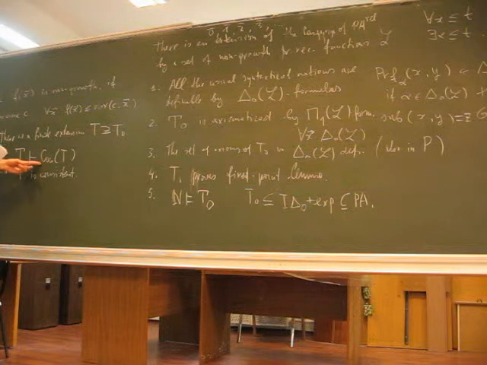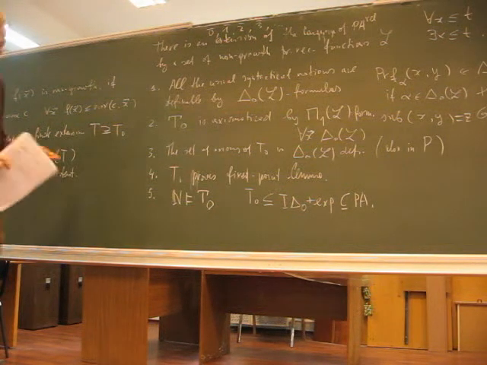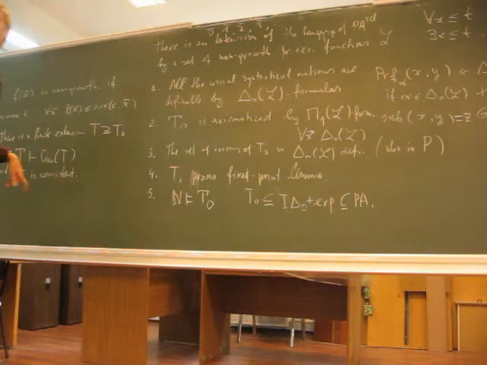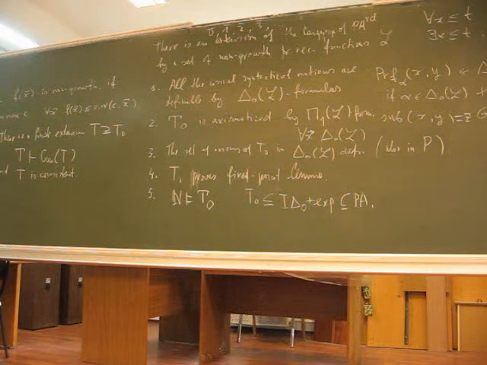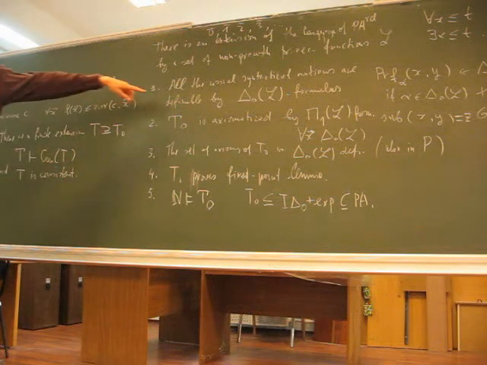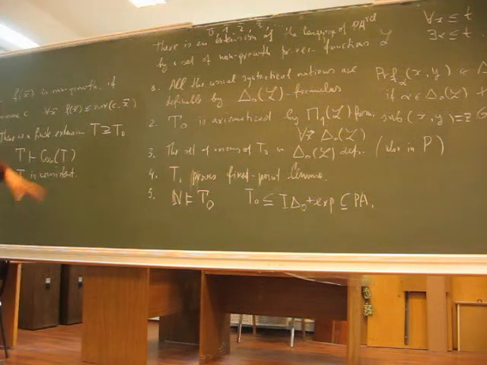Of course, we are talking about the formula formulated using this particular proof predicate here. But we do not require T to be sound in the sense of item 5. In fact, it will be sound. Its consistency is in fact equivalent to its soundness because of the simplicity of the axioms, let's say.